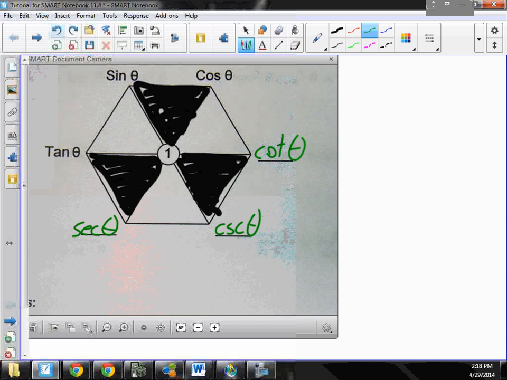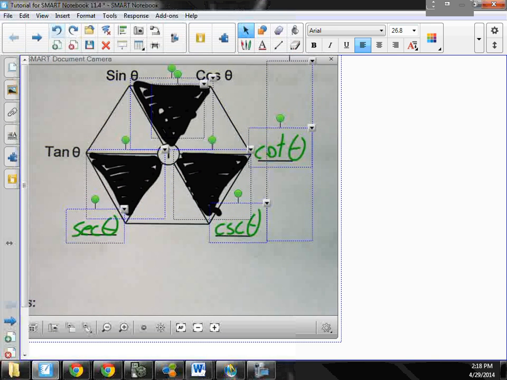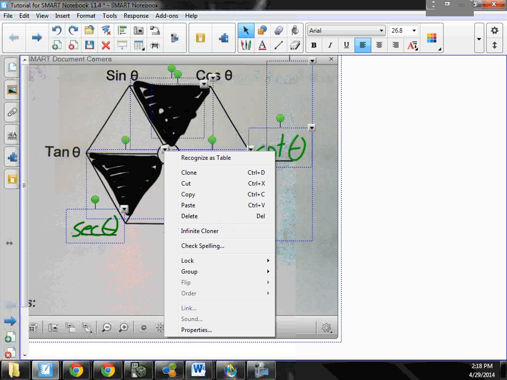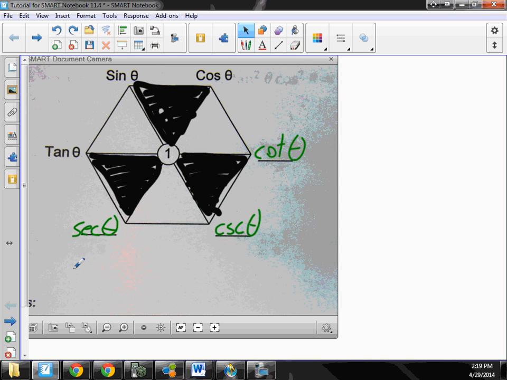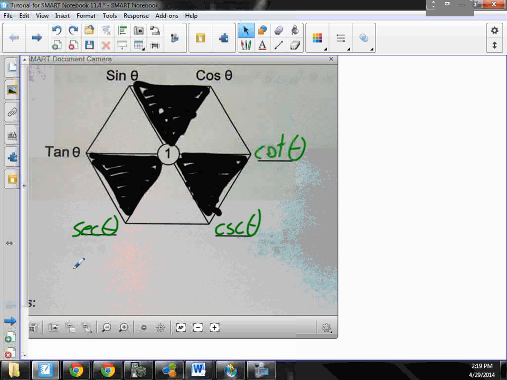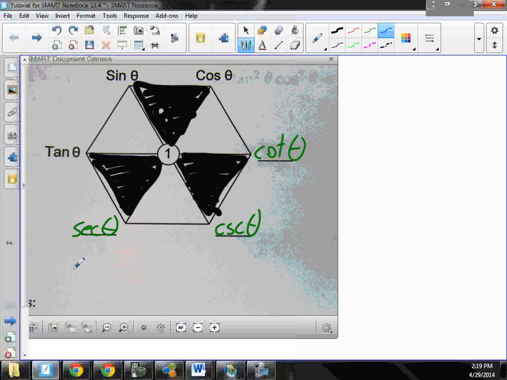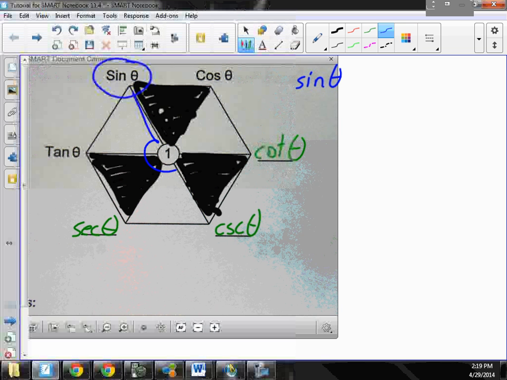So now we're going to go through and write all of these identities. And notice in the center of this hexagon is a 1. So the reciprocal identities, you just follow them across. Sine of theta is 1 over the cosecant of theta.